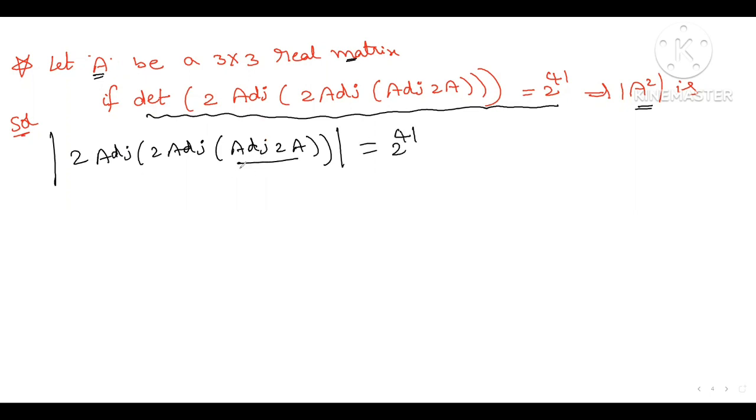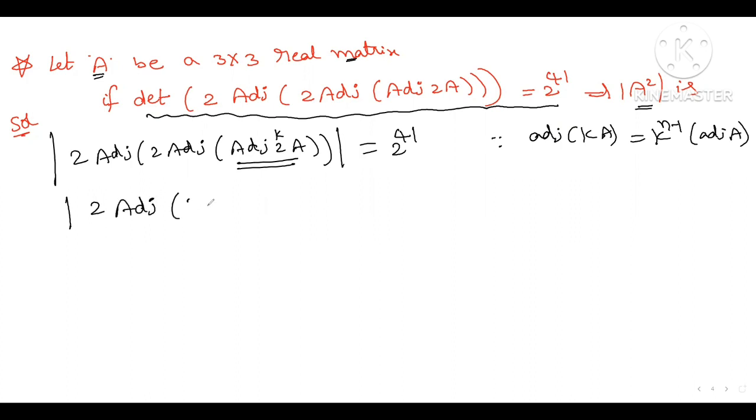Here we have one formula: adjoint of KA is equal to K to the power n minus 1 into adjoint of A. Here K is 2. Now we apply the same formula, K to the power n minus 1.